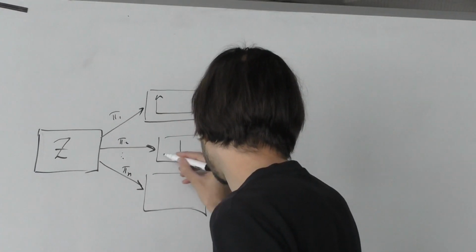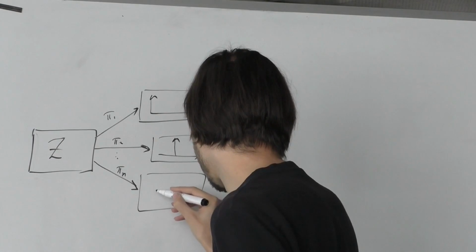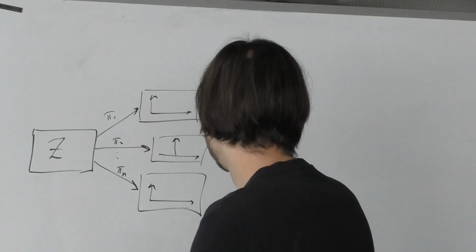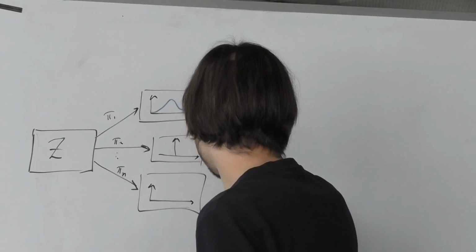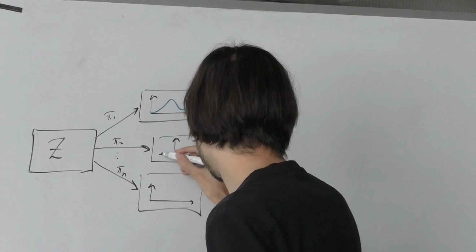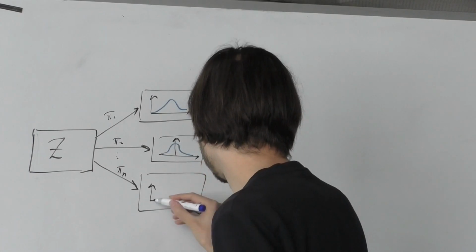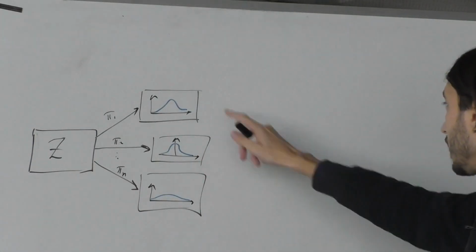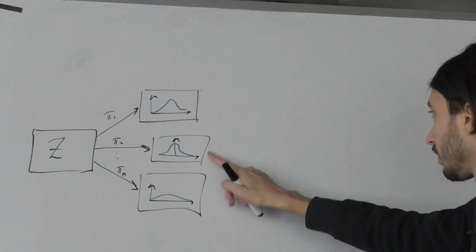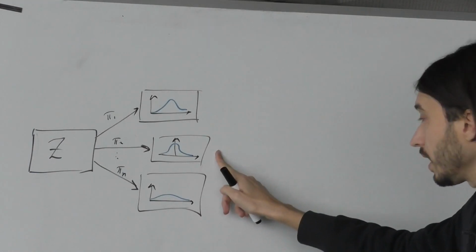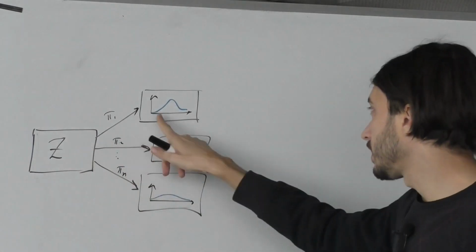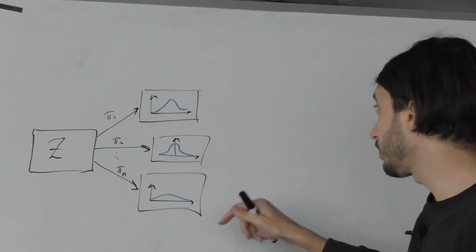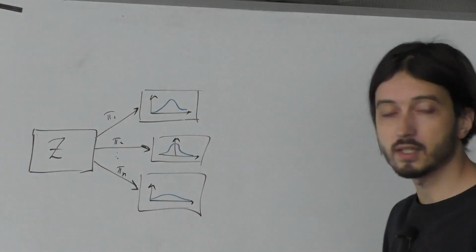So I have different distributions for each of these devices. Now, when this device activates one of them, it generates a point following the distribution it has inside.